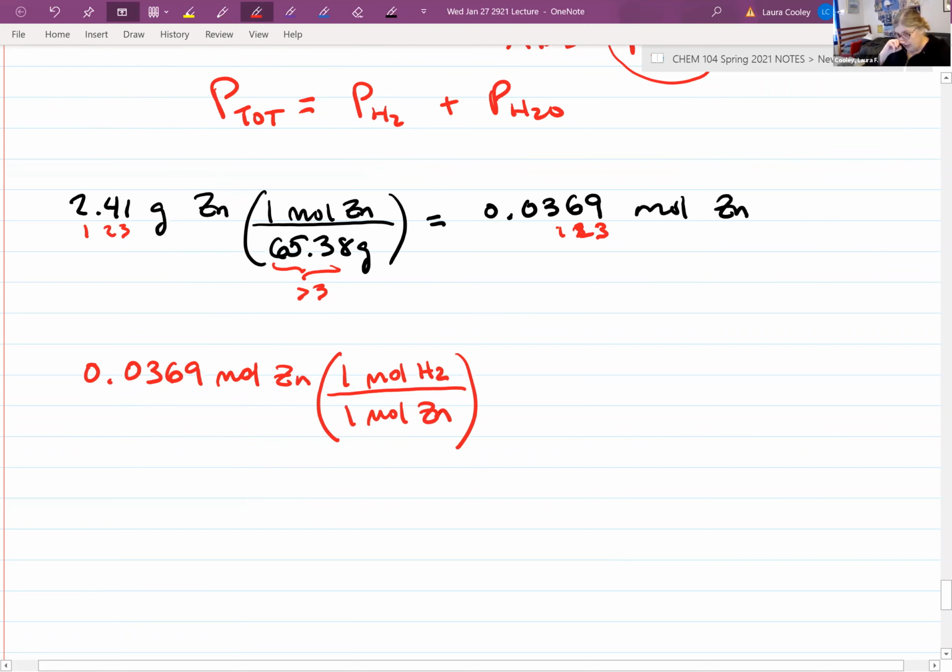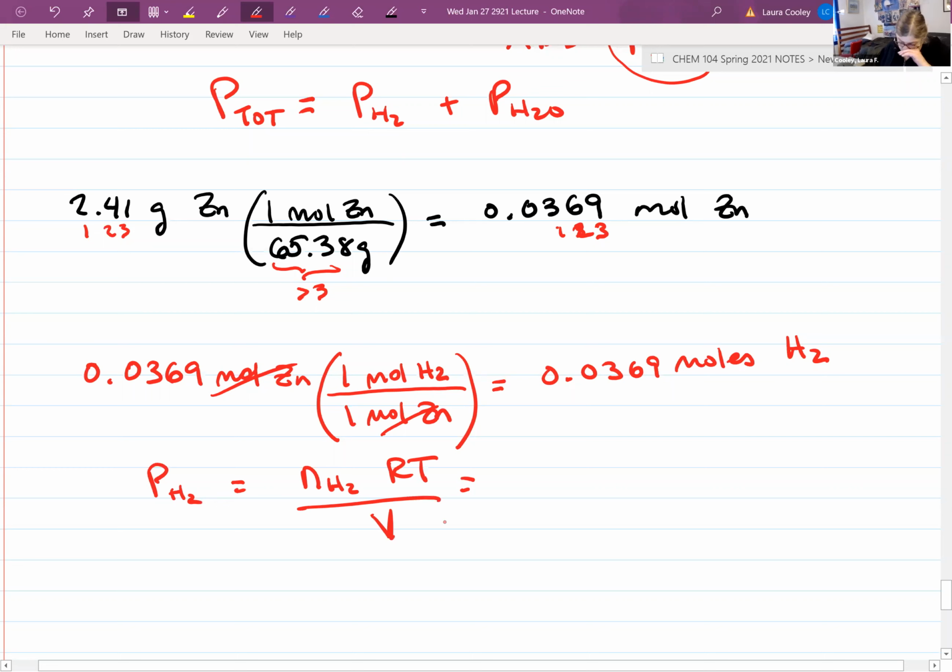Don't assume that whatever the moles of the reactant is, that's the moles of the product, right? You need to worry about the stoichiometric ratio, which here is 1-to-1. So it's 0.0369 moles of hydrogen. So now the pressure of hydrogen is nH2 RT over V.